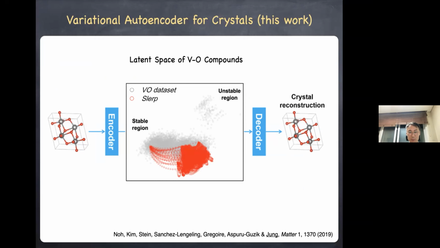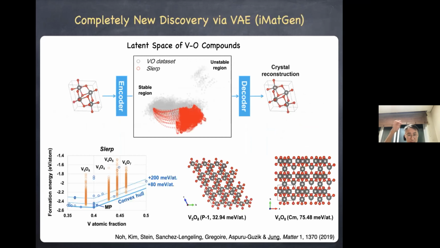This is the two-dimensional projection of the latent space. Because we included the stability prediction model along the training, you can see that this latent space is restructured according to the stability or the formation energies of the material. This corresponds to the stable materials, and this corresponds to the unstable region for the vanadium oxide compound space. By sampling in this stable region, we were able to find some novel structures.